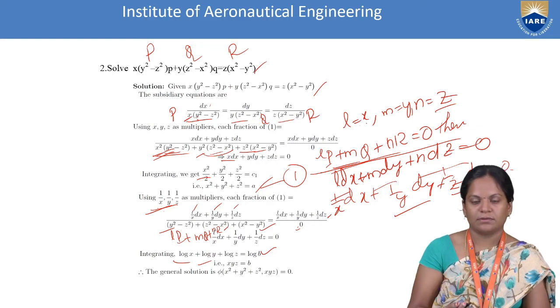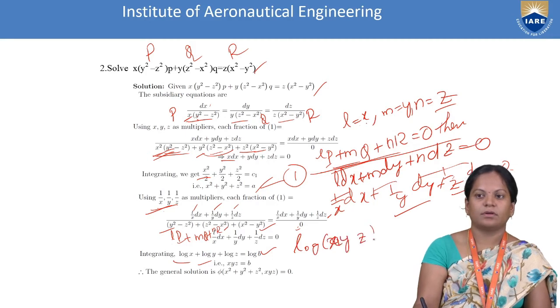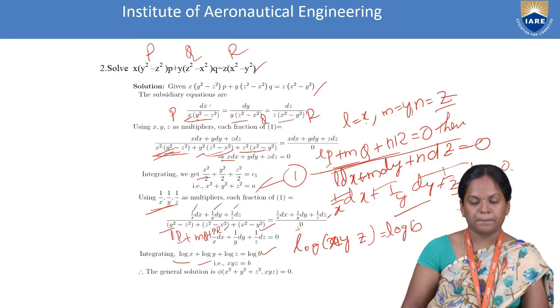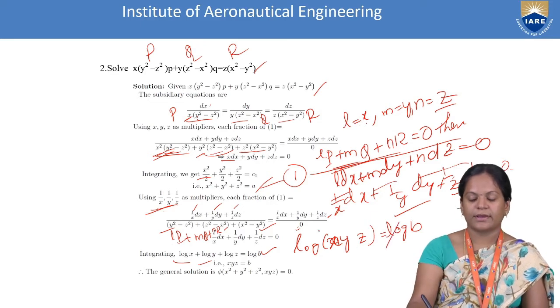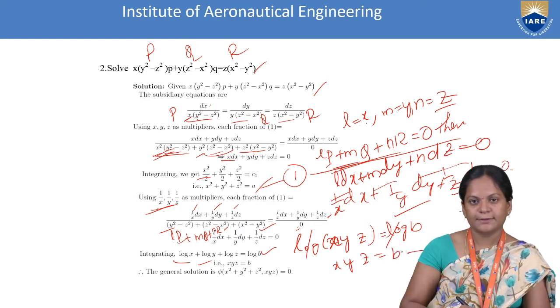Again plus log c, nothing but log of xyz equal to some arbitrary constant. This I am choosing for our convenience. Log of some constant b. On both sides, log cancels. We'll get xyz equal to b. This is the second solution.